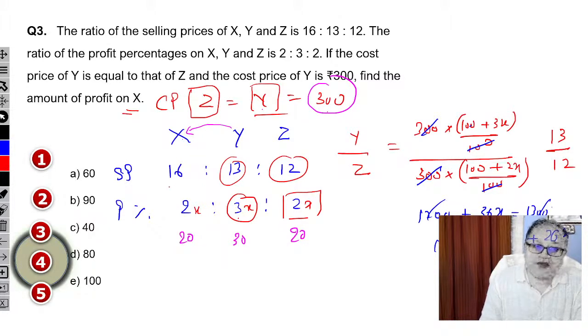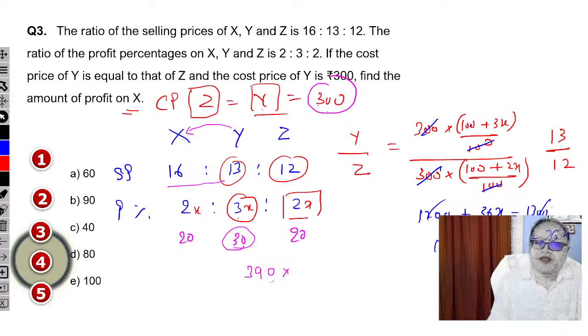For that we have the selling price ratio. So I am going to take this Y cost price 300, and that 30% profit is there. So take 130% of this. What will be the 30% of this? 30% is nothing but 90.